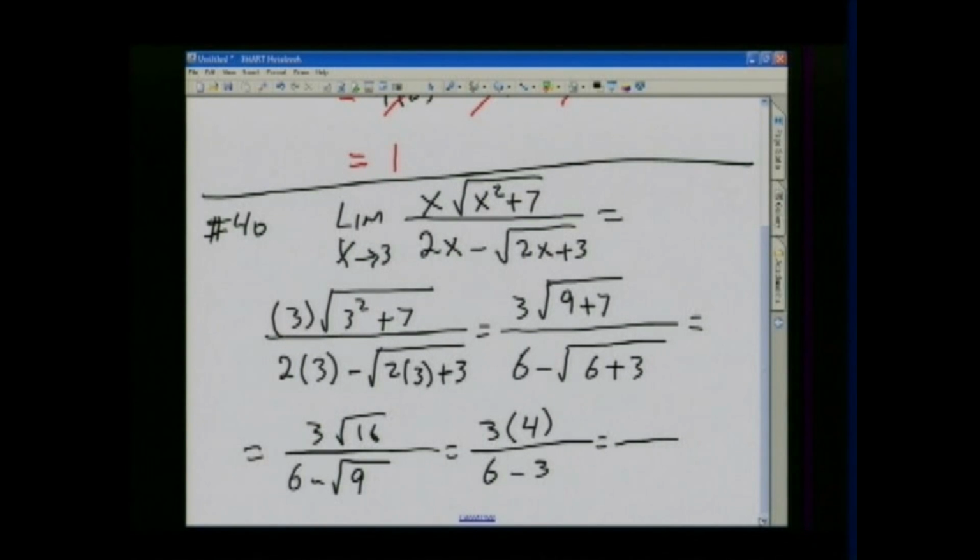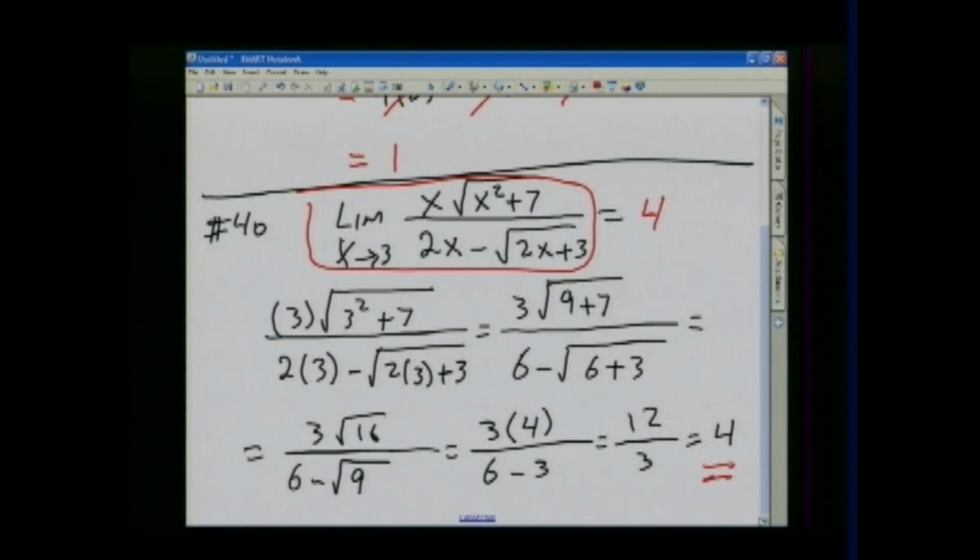So you would have 12 divided by 3, which is equal to 4. And that is the answer. So as x in this function approaches 3, the value of the function itself approaches 4.